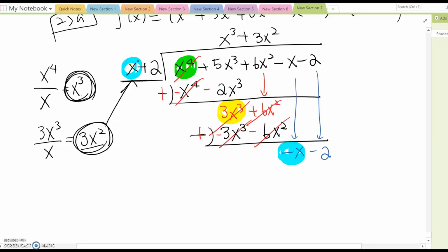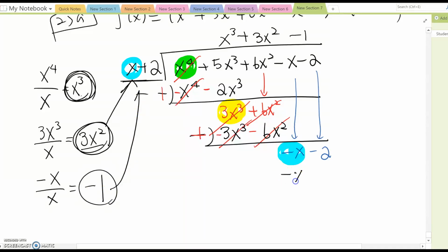So what is negative x divided by x? It becomes negative 1. So you put negative 1 in the quotient area here, and you multiply this with the divisor, which is negative x minus 2.